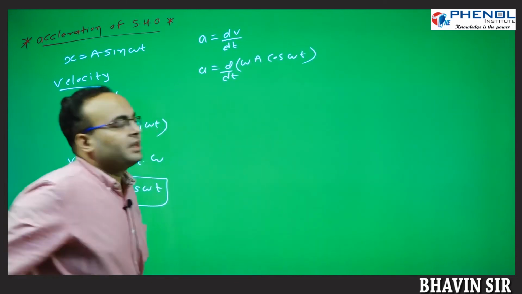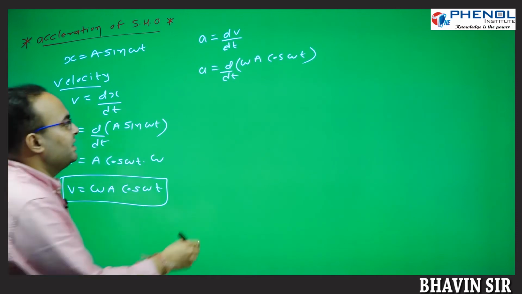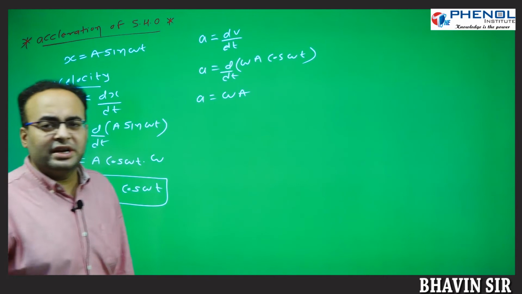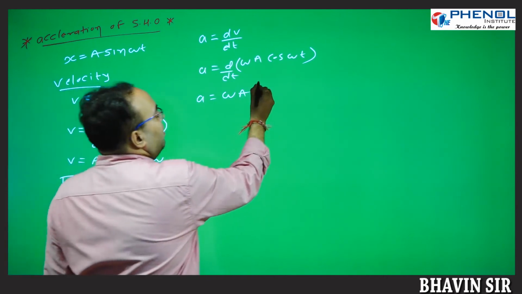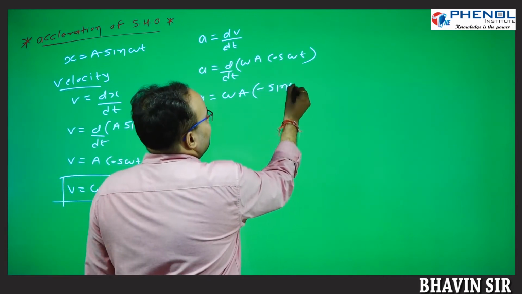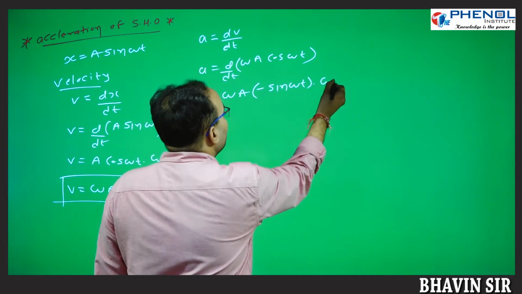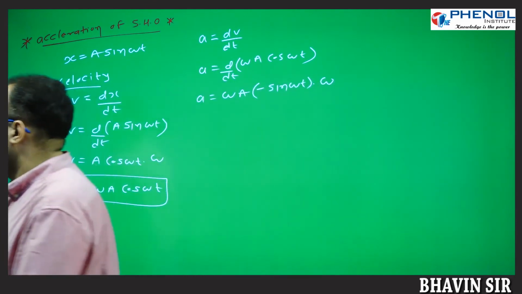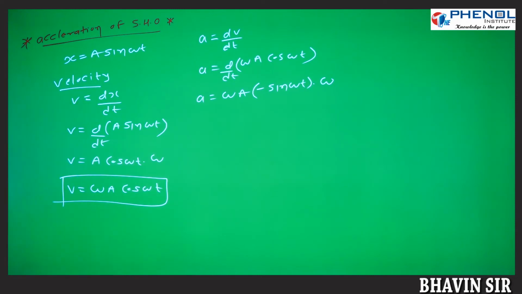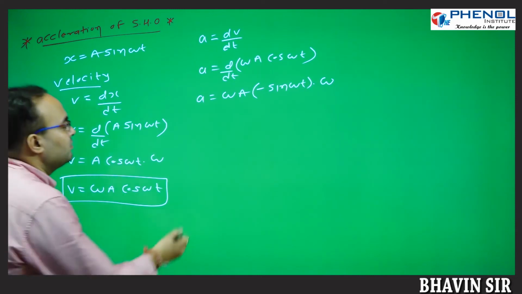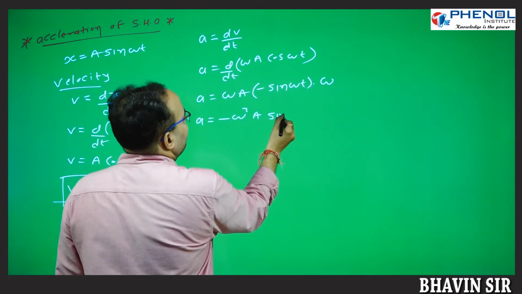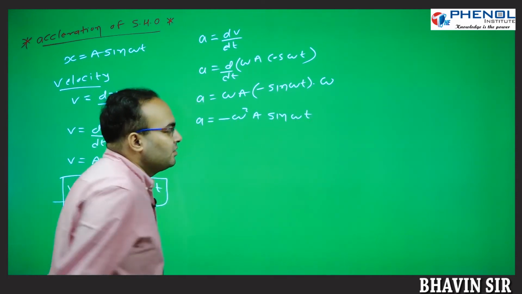Velocity is omega A cos omega t, omega A is constant. What is the derivative of cos? Minus sin omega t into omega. Why into omega? Multiply with the coefficient of t. So omega into omega, omega square A sin omega t.